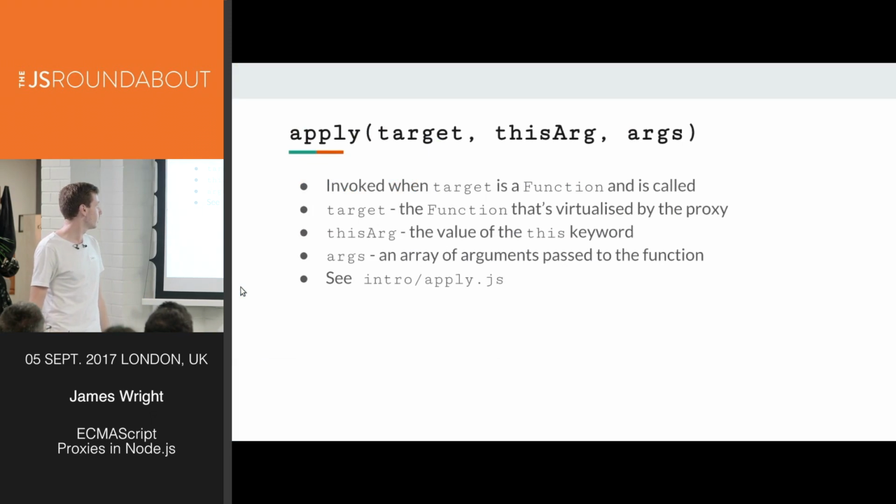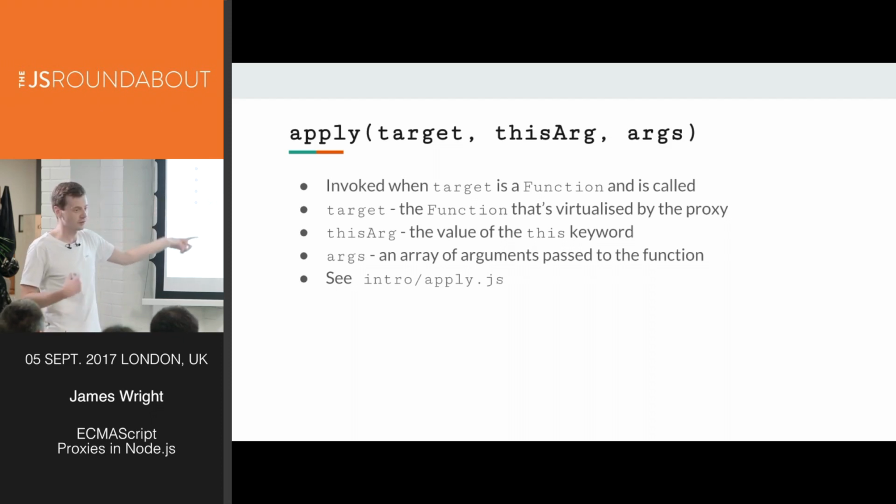A really cool one, in my opinion, is apply. Functions in JavaScript are derivative of an object, essentially. So it's not like you can just virtualize objects, you can virtualize functions as well. If target's a function and it's invoked, this apply trap will be called. So target's the function that's virtualized.